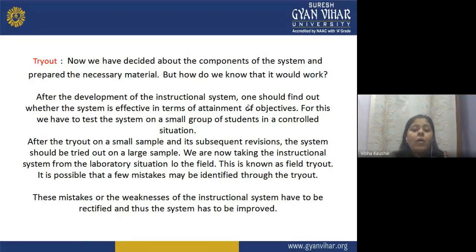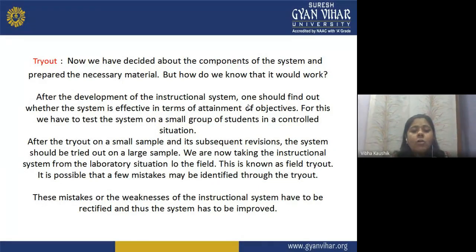For this, we have to test the system. I have to test the system on a small group of students in a controlled situation.